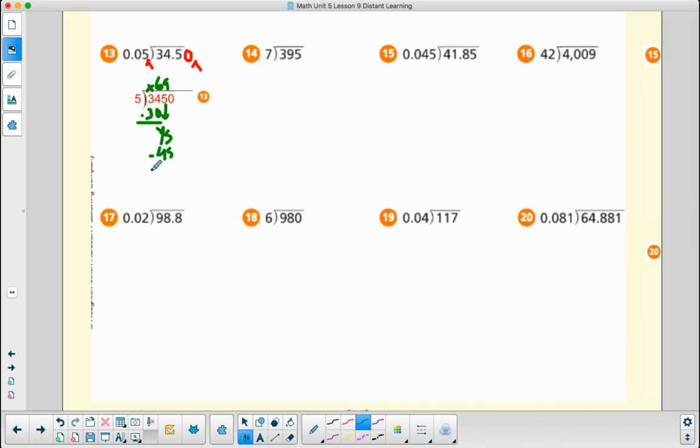I have nothing left. As I bring down my 0, nothing divided by 5 is going to give me nothing. So I have 690. So this is 690.